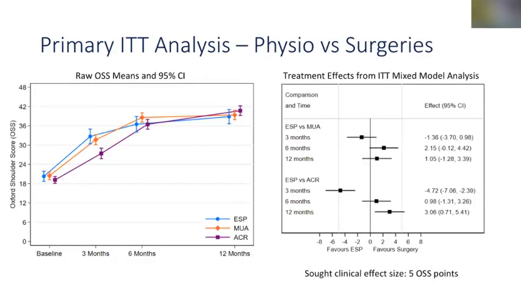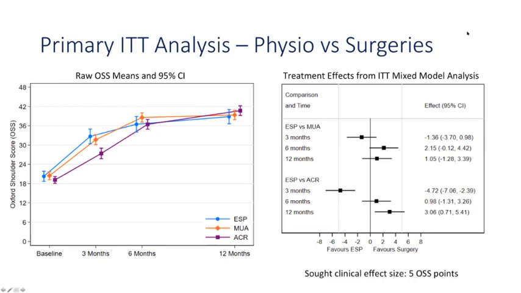So when we look at the analyses, the primary analysis confirms that there was no significant difference that was of clinical importance between the three interventions at the 6-month and the 12-month time points.